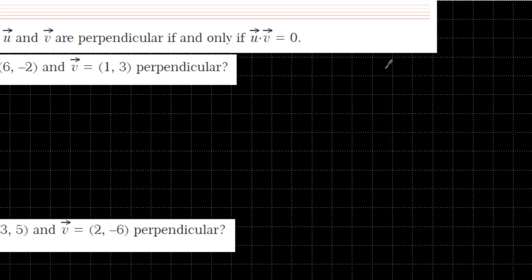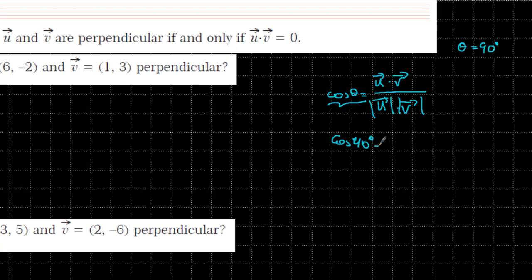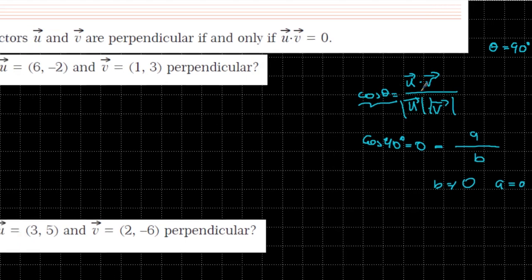From the previous formula, u dot v over the length of u times the length of v is cosine theta. If the angle theta is 90 degrees, then cosine 90 is equal to 0. If a over b is equal to 0 and b shouldn't be equal to 0, then a should be equal to 0, and a is the dot product.